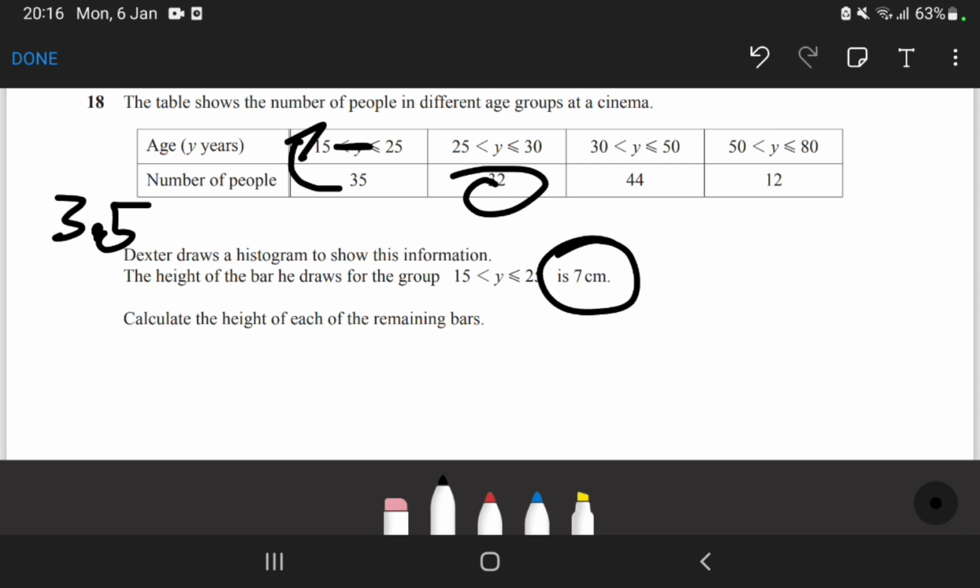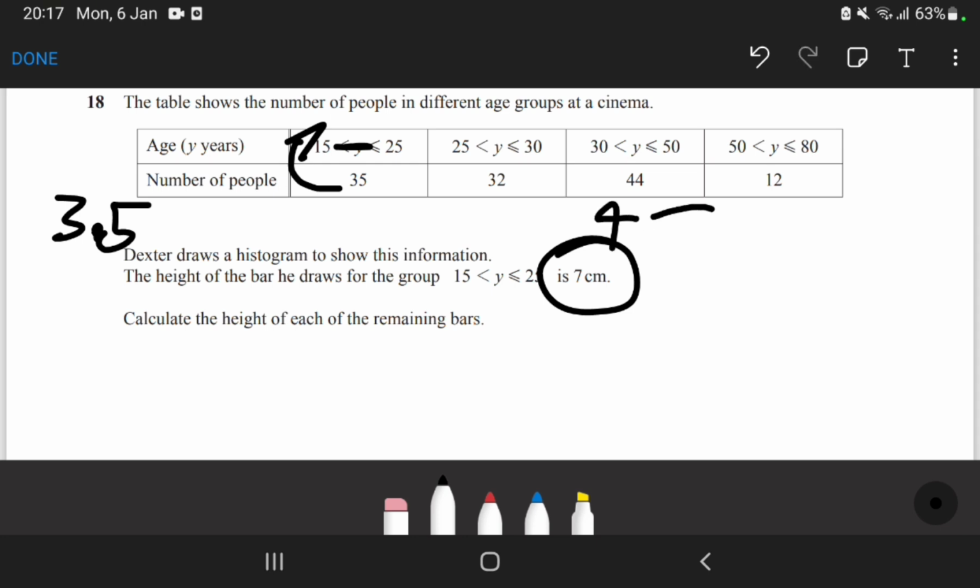So for this one, we're going to do 32 divided by 5, which is 6.4, times 2, which will be 12.8. And now for the third one, 30 to 50, we're going to do 44 divided by 20. Then we multiply by 2 to make everything the same scale.